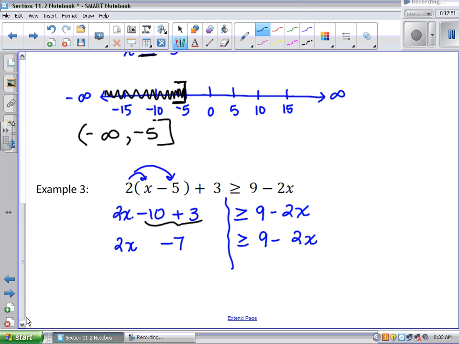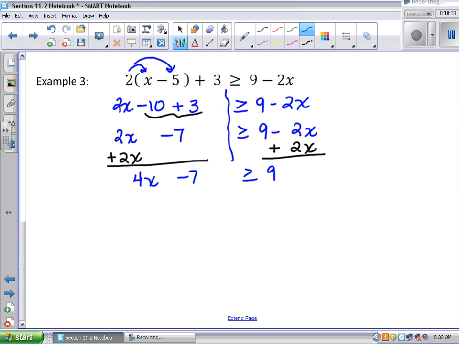If I want to get all my x's together on the same side, I'm going to add 2x. Whatever I do on the right, I have to do the same thing on the left. 2x plus 2x is 4x minus 7 is greater than or equal to 9. Now I need to get all my numbers on the same side, opposite from my x's. So 4x minus 7, I'm going to add 7 to both sides.